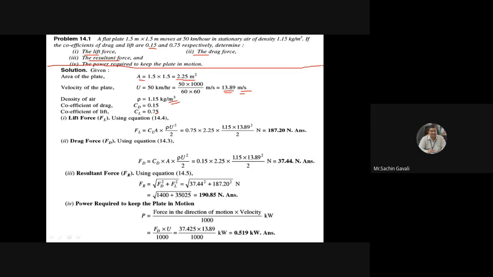So lift force. FL is equal to what is the formula of FL?